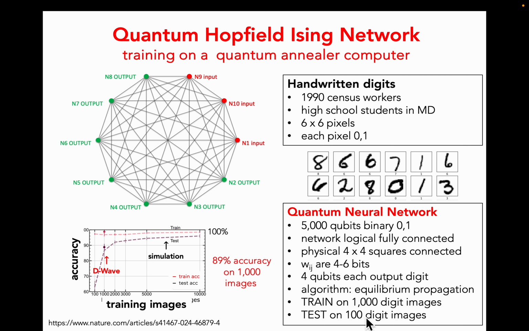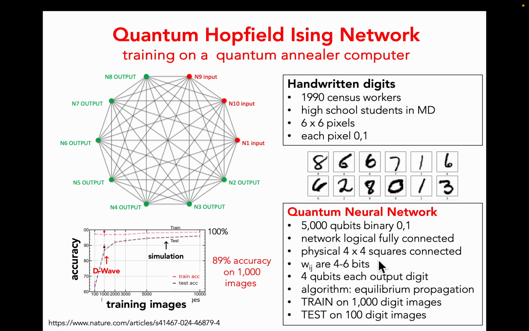And this is an example of such a network being trained to recognize the MNIST digits. In this quantum neural network, there were 5,000 qubits that were either zeros or ones. The network was fully connected.